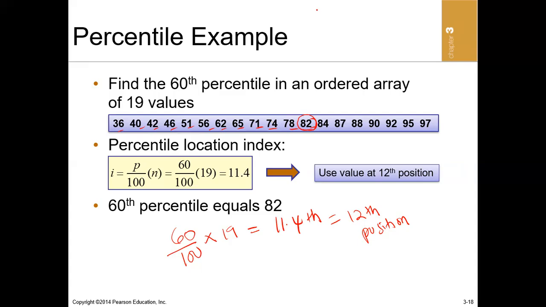We can also find the 25th percentile. The 25th percentile will be 25 over 100 times the 19 figures. So you find 25% of 19.